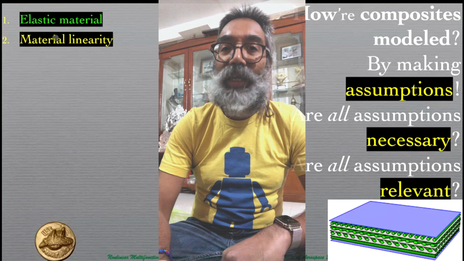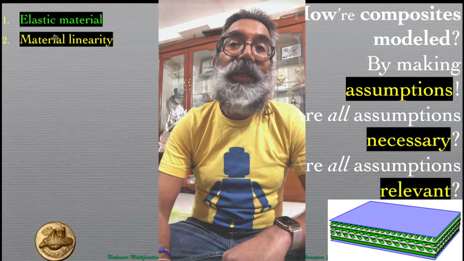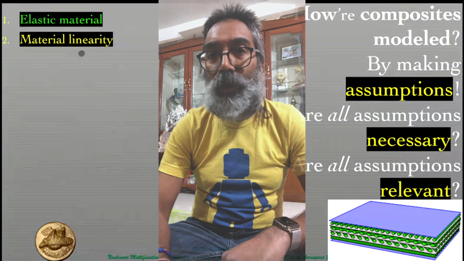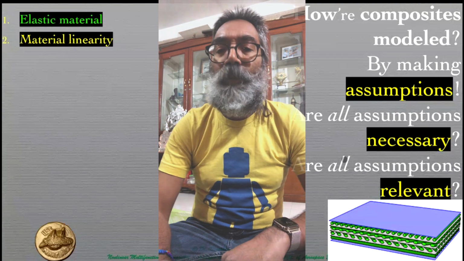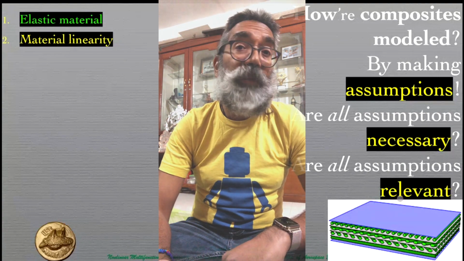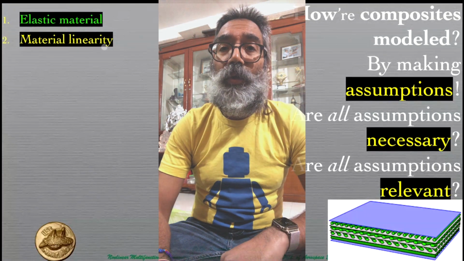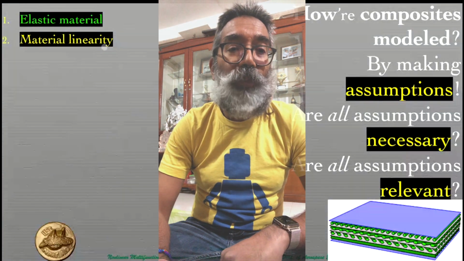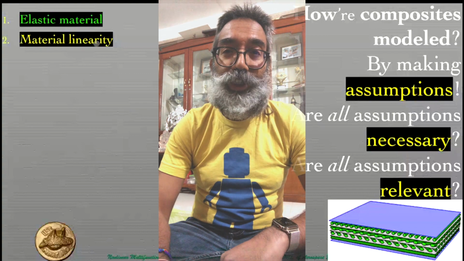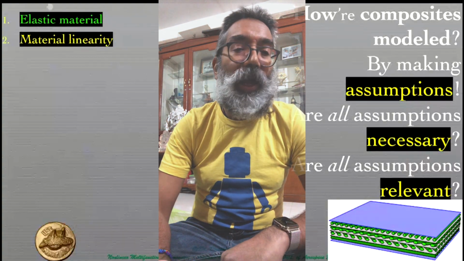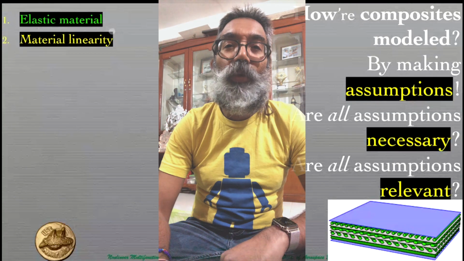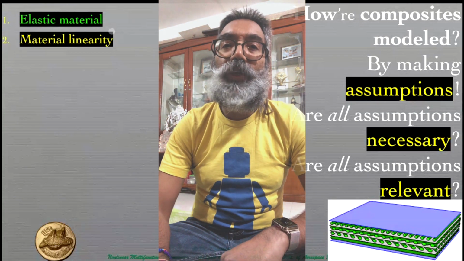Now coming to the second aspect, we're going to talk of material linearity. That's in a yellow font, which says that yes, sometimes it is necessary and relevant, sometimes it may not be. Okay. For example, if you're dealing with materials which are stressed beyond a certain point, you might go into the nonlinear regimes. In fact, that would happen in the elastic case as well, go beyond the elastic regimes sometimes.